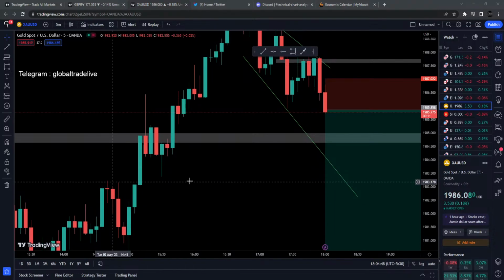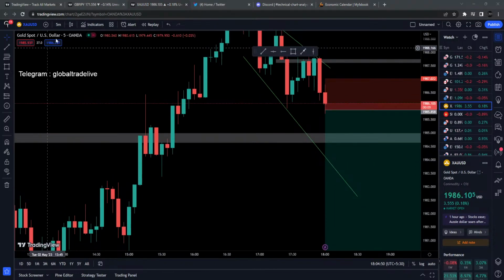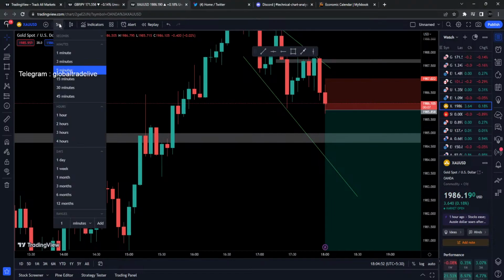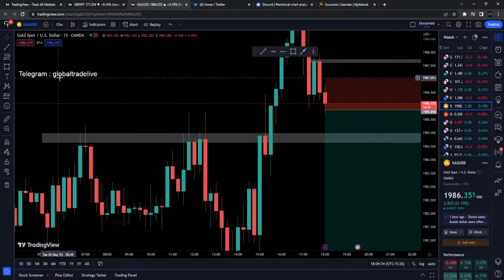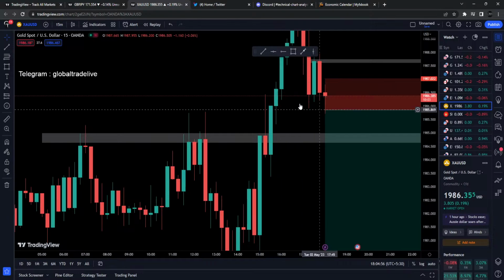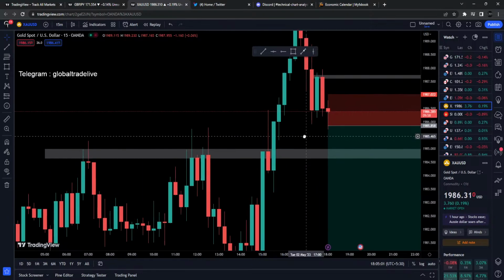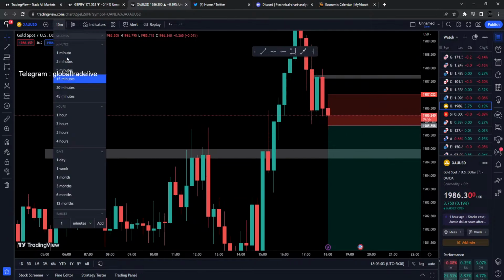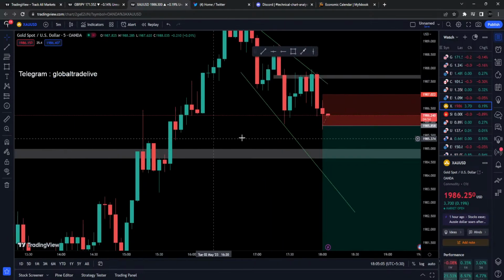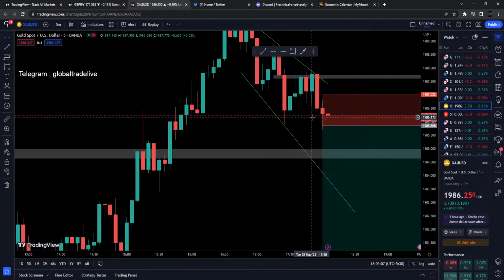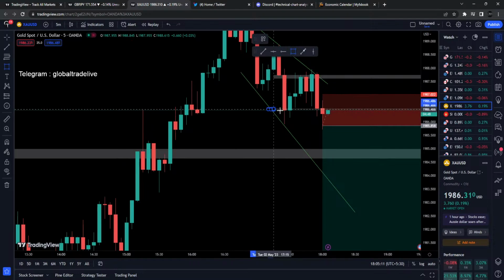But the problem is in 15 minute, let me just show you where the problem is. In 15 minute, there is a lot of rejections on the left, so this can be also the problem. But it's all right, we have already managed the risk, took small portion from the bigger position, so I don't think there should be any issues.